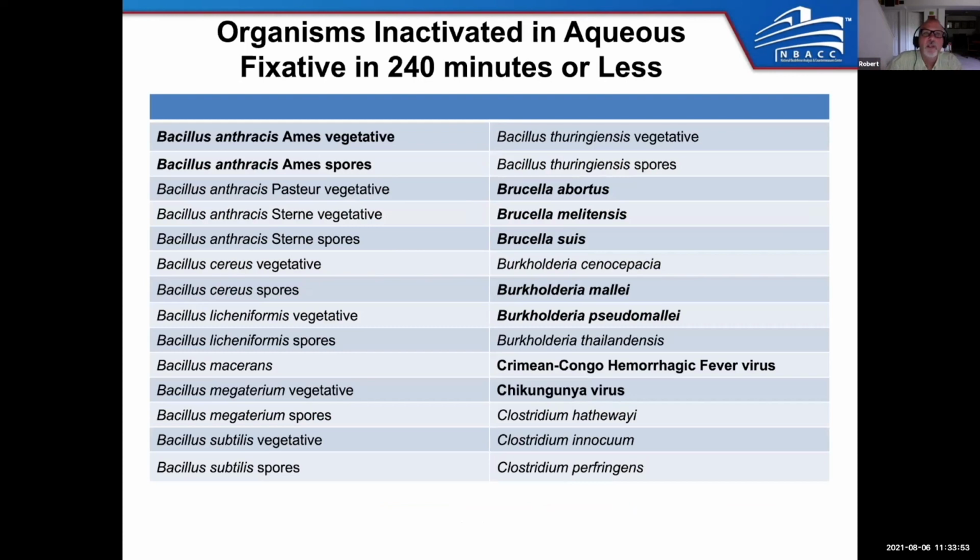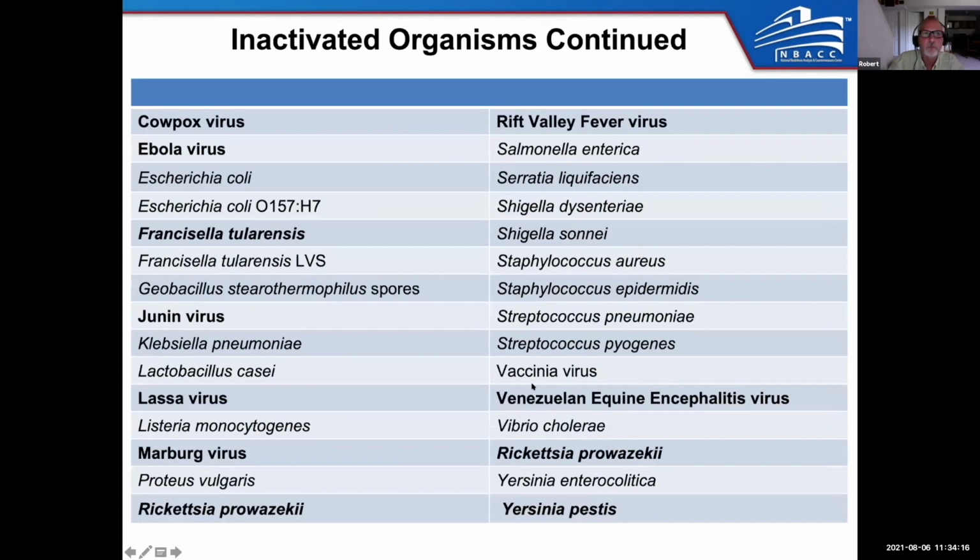So, things that we've looked at and inactivated in 240 minutes or less: Bacillus anthracis, lots of different isolates of that. Bacillus cereus, which, if you're immunocompromised, can cause disease in humans, and all kinds of Bacillus species, and Brucella, Burkholderia, and lots of different viruses.